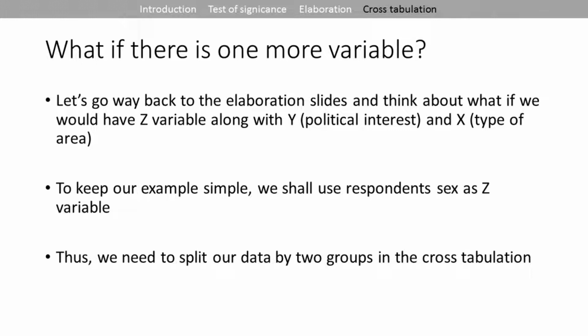Just think about the interaction elaboration. We could just split the data to two cross tabulations. We have one for men and one for women, and we could compare these results with each other. So everything is neat and simple, and we don't have to play around with a massive amount of tables. So that's the one thing to do when you want to have a so-called three-way table and not just a single two-way cross tabulation table.